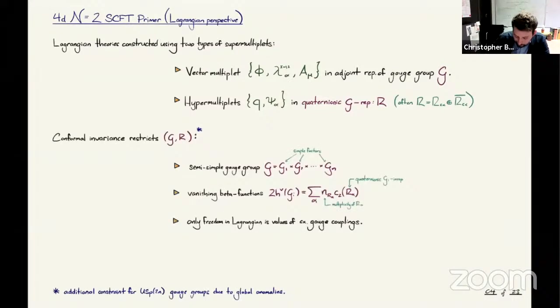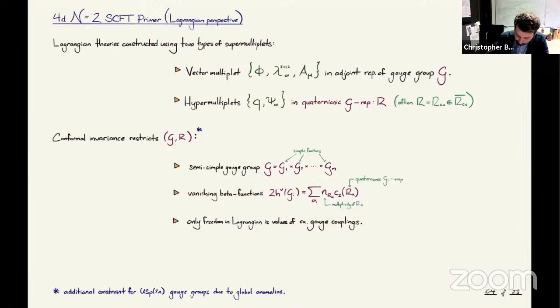And with those ingredients, one can phrase what one needs in order to be studying a superconformal field theory instead of a generic classical field theory or some field theory with non-trivial renormalization group properties. The gauge group G needs to be semi-simple, so no U(1)s.